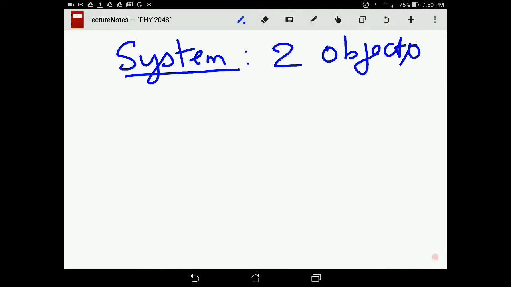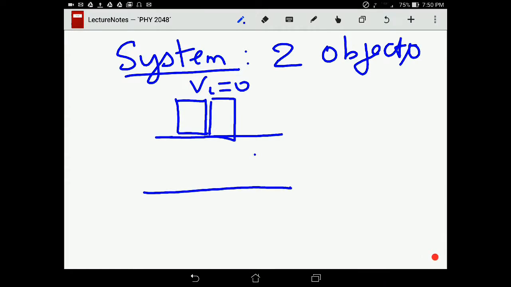And so here we would have, for instance, two blocks that are initially together, and for one reason or another, and we'll talk about examples in a second, they may initially have, let's say, an initial velocity equal to 0, and then at some time later, an internal process pushes them apart, and each box is going to move away from the other.